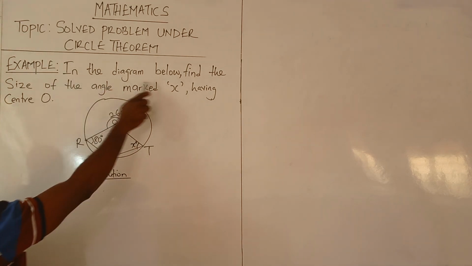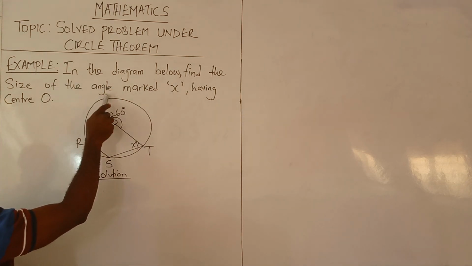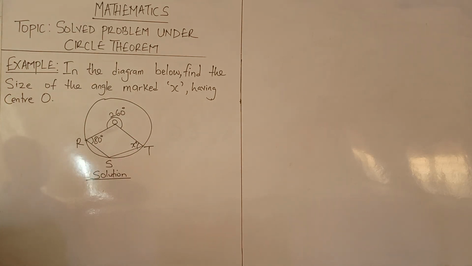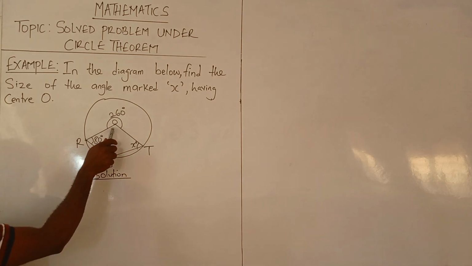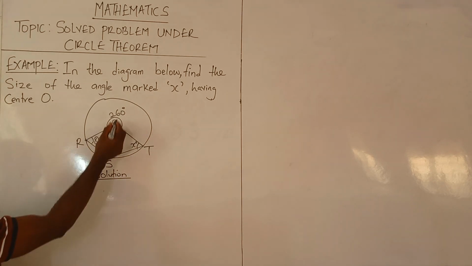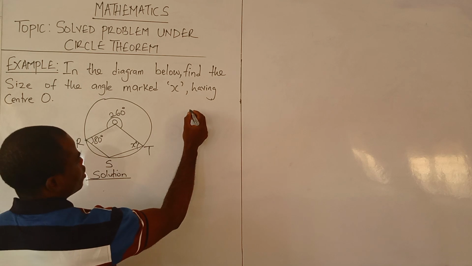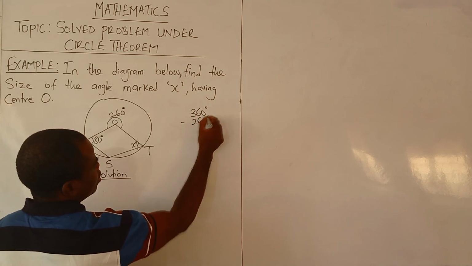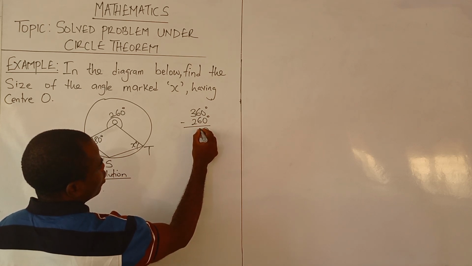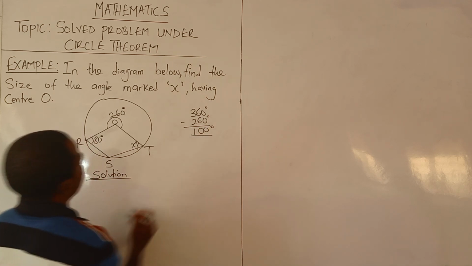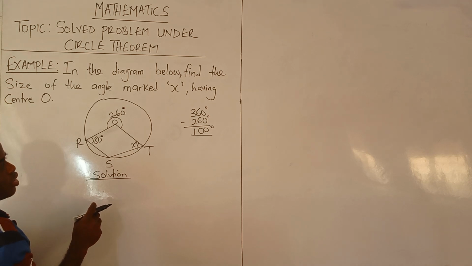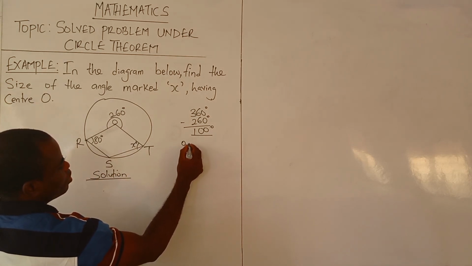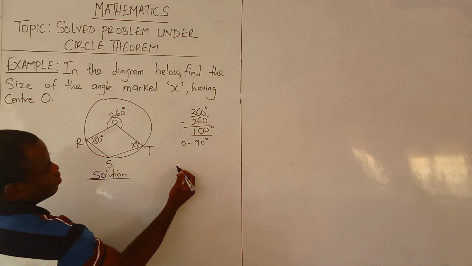We have to look for x. In the diagram below, find the size of the angle marked x, having center O. Take note. Okay, now let's get this angle. This is when you remove 260 degrees from 360 to know the angle. 360 degrees minus 260 degrees, we are having 100 degrees. And an acute angle lies between 0 to 90 degrees.